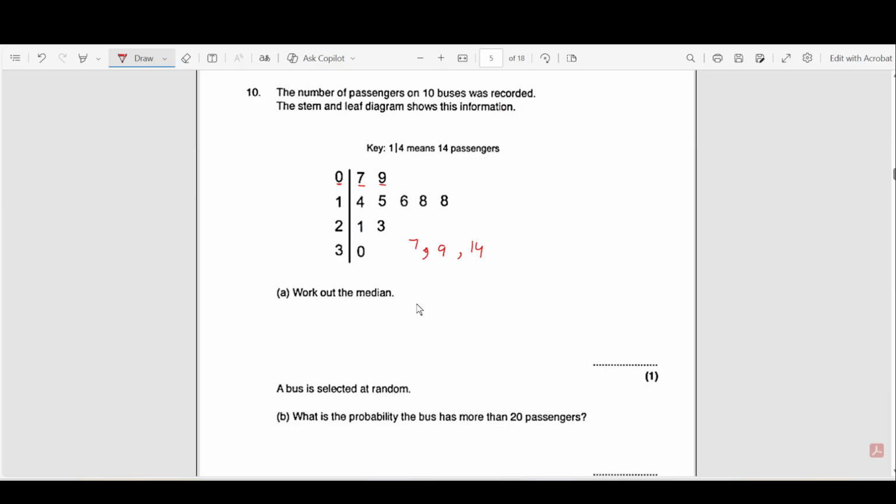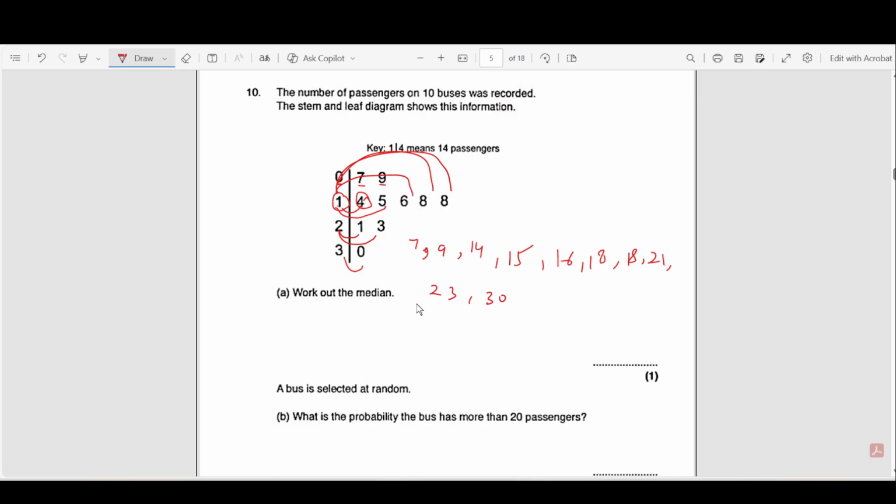But then how did I get 14? We need to read these two together. 14, then 15, then 1 and 6, which is 16, then 1 and 8, 18, and then again 18, right? Then we have 2, 1, which is 21. Then we have 2, 3, which is 23. Then we have 3, 0, which is 30. So these are the data points.